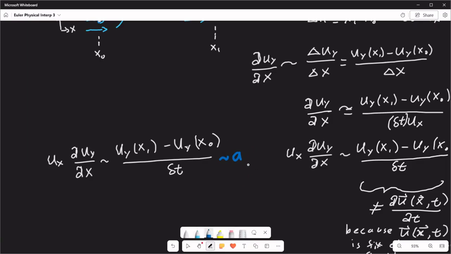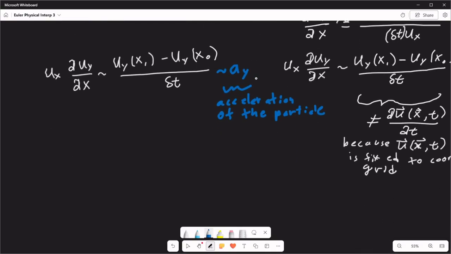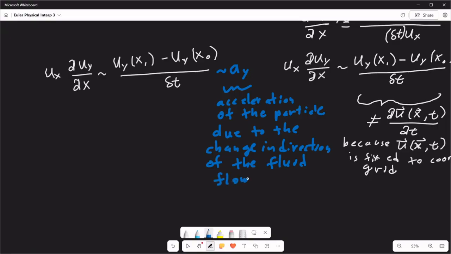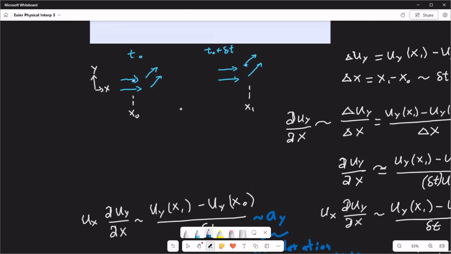It's an ay of the particle, and it's due to moving through the fluid flow, a change in direction of flow. So the particle is actually just accelerating because it's moving.